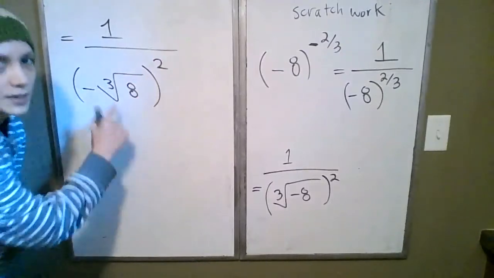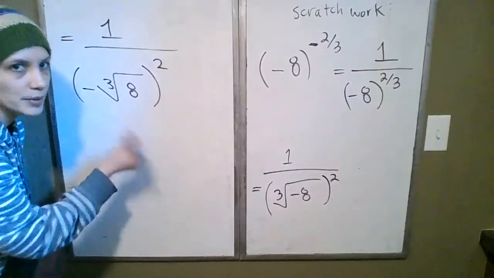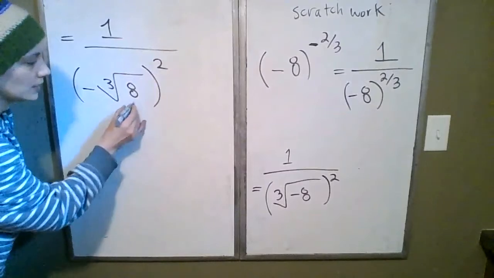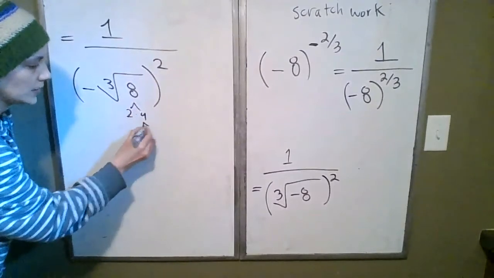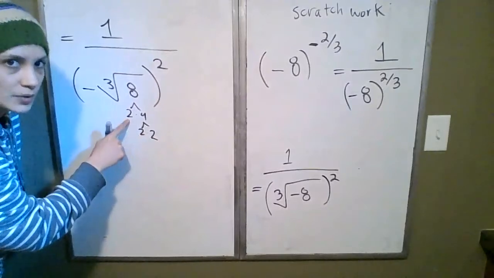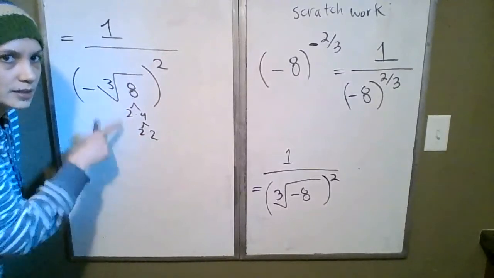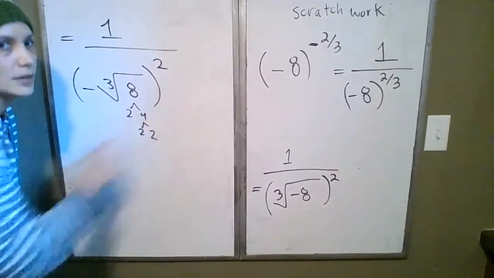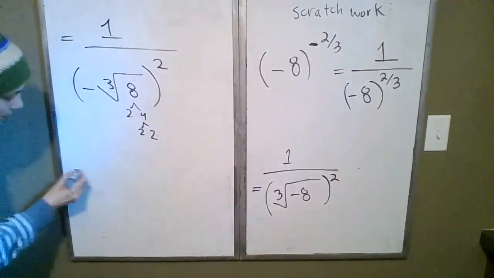I think we factored 8 a few times, but we can always factor it again. It's 2 times 4, where 4 is 2 times 2. So since I have 3 of the factor 2 and a root 3, that 2 is going to come out from under the root. Or you can write some exponent rules like this.